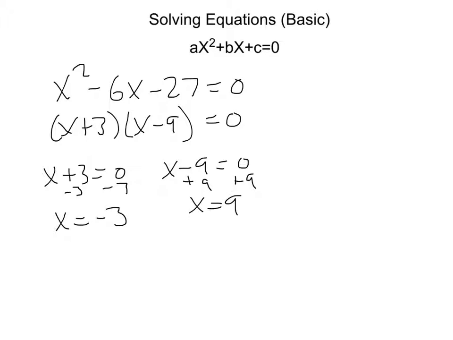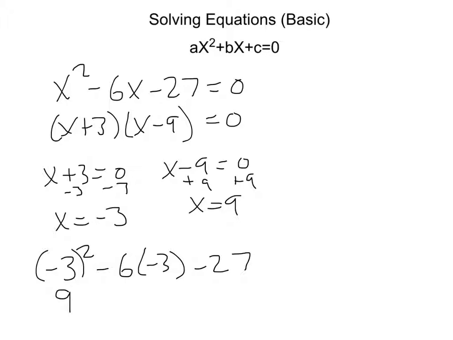Now we're going to plug them both in. We'll start with negative 3. So we'll say negative 3 squared. It's a good idea to have your parentheses here. Negative 6 times negative 3 minus 27. This negative 3 squared is going to give us a positive 9. Negative 6 times negative 3 is a positive 18, minus 27. That gives us 27 minus 27, of course equals 0, which is what we wanted.